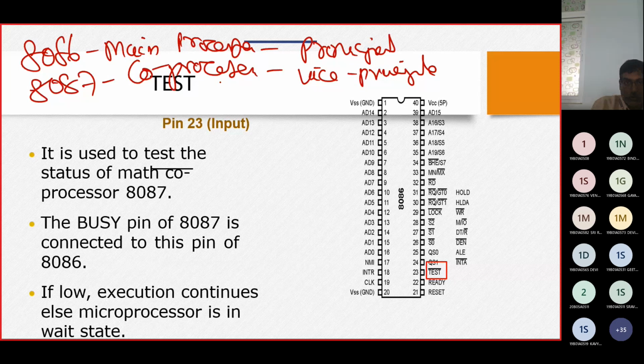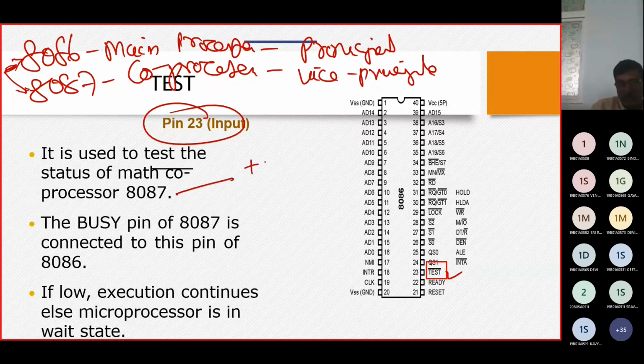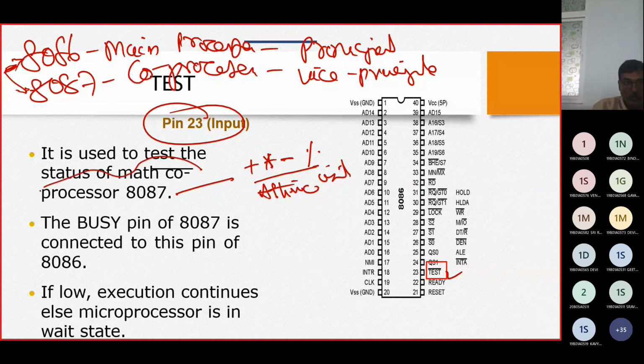So pin number 23 is going to decide, if 8086 is busy and there is a task, then it will migrate the task to the coprocessor if it is idle. In general, a coprocessor does all the arithmetic and logic instructions. All types of arithmetic instructions are processed in the coprocessor.